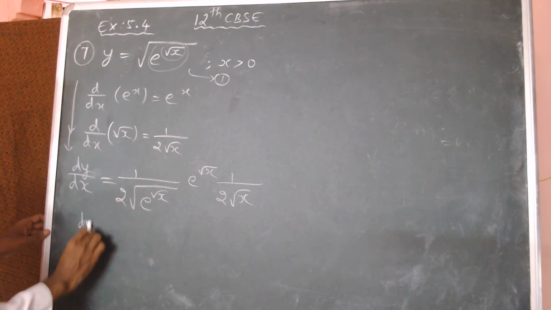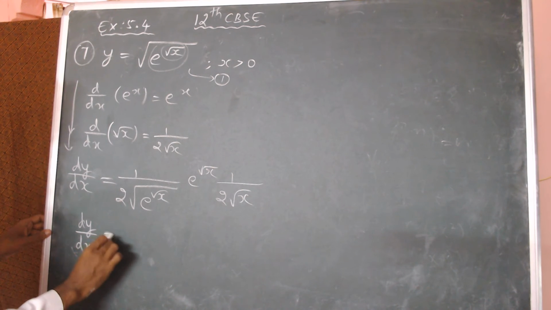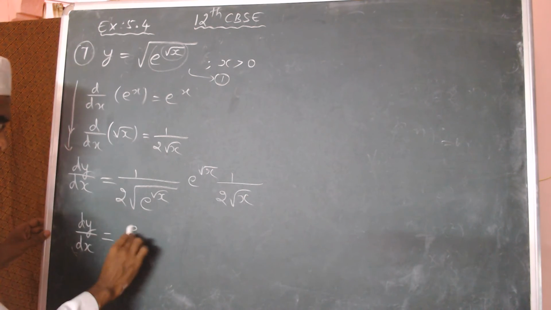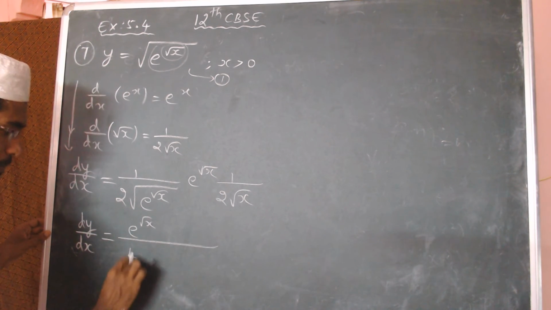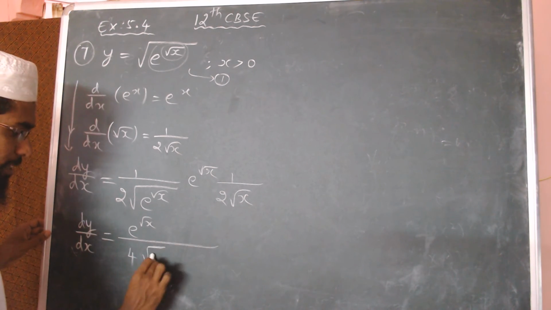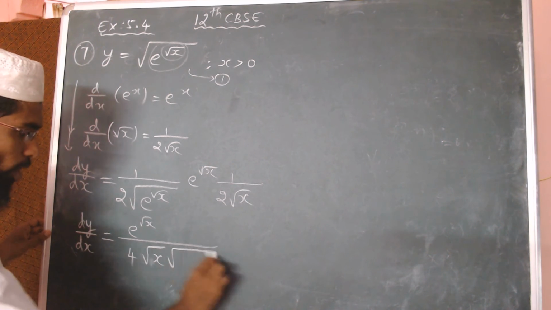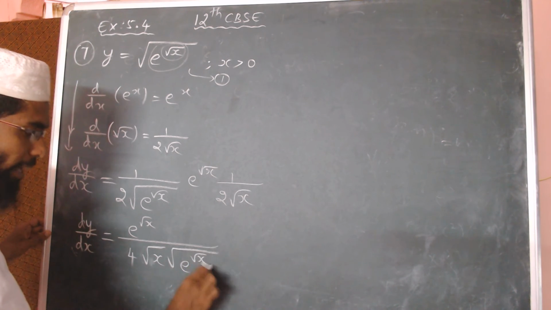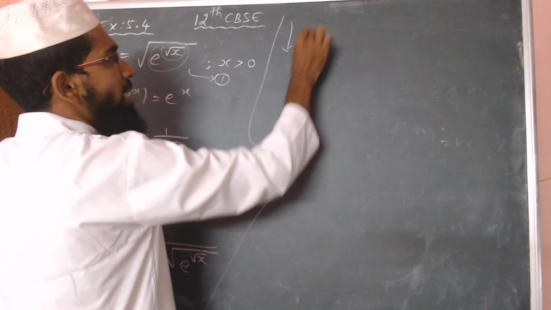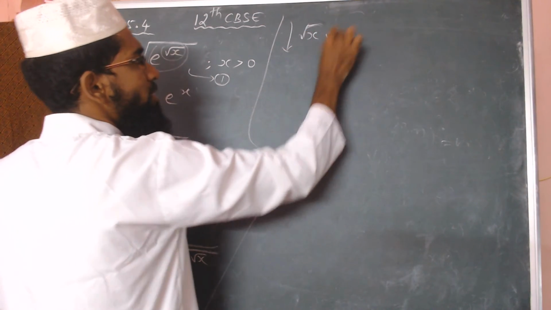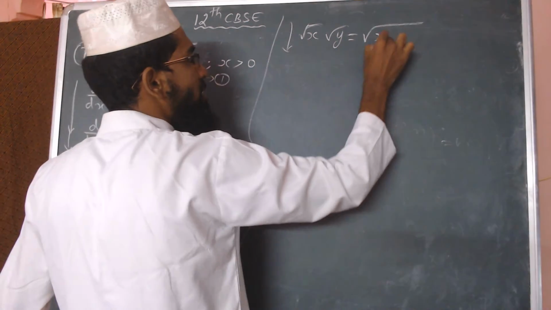Now dy by dx equals e power root x by 2 into 2, which becomes 4 root x, into root of e power root x. We all know that root x into root y can be written as root of x into y.